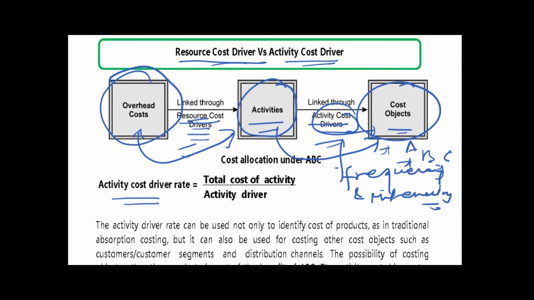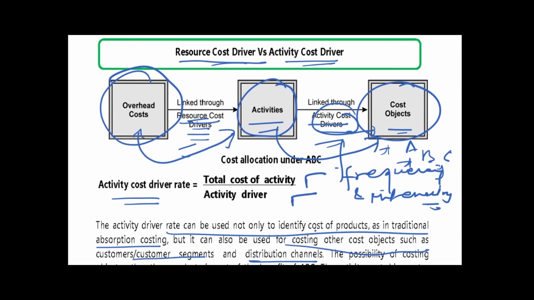The activity cost driver rate formula is total cost of activity upon activity driver. Activity drivers can be used not only to identify the cost of products as in traditional absorption costing, but also for costing other cost objects such as customer segments and distribution centers.